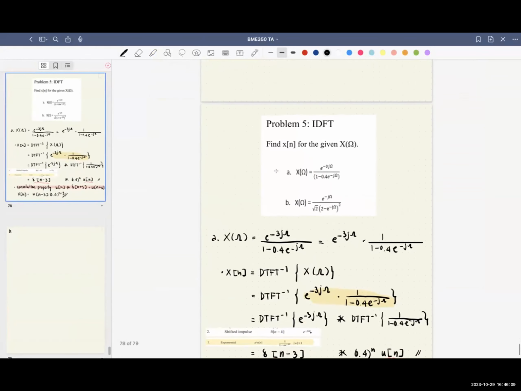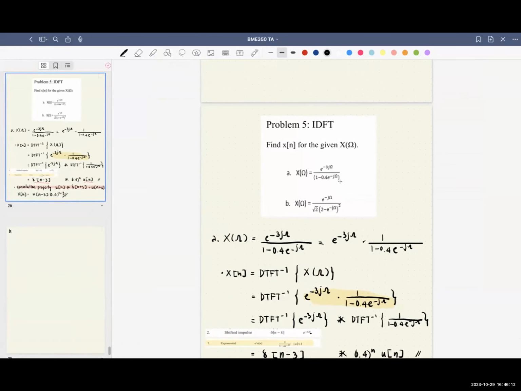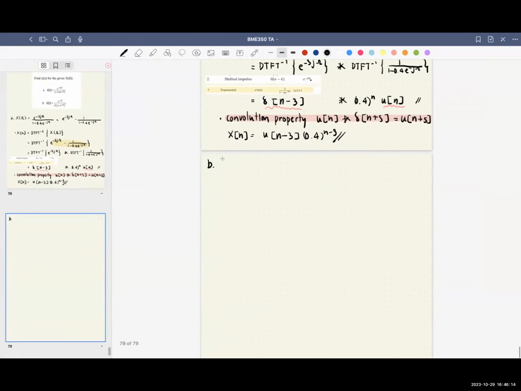We have X of omega equal to e to the power of negative j omega square root of 2, over 2 minus e to the power of negative j omega, all squared.